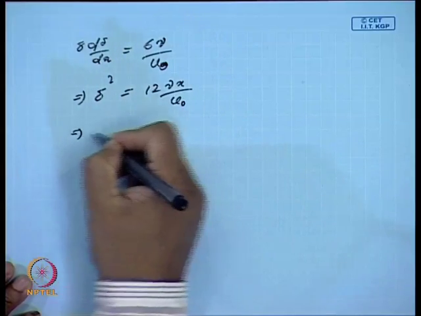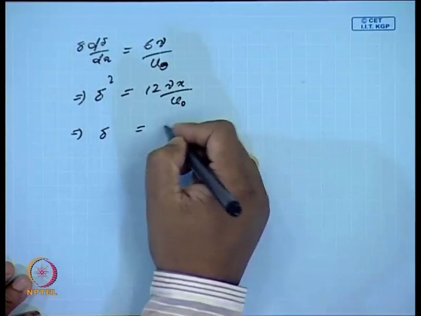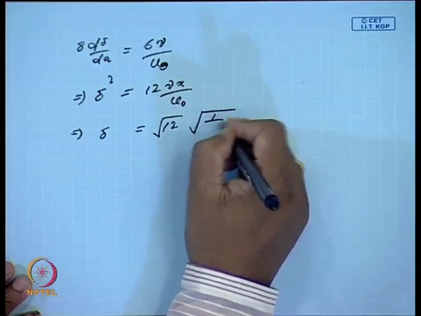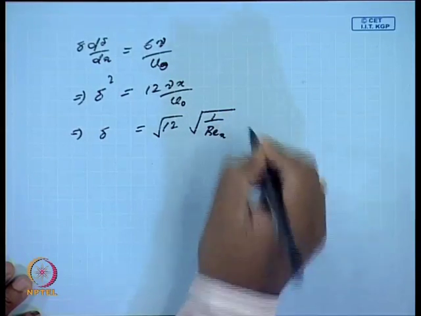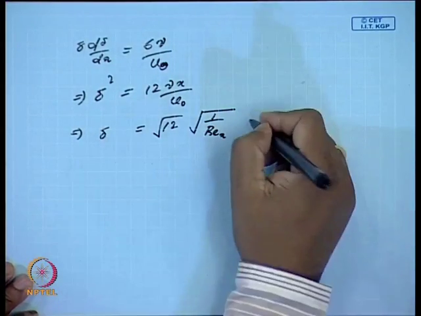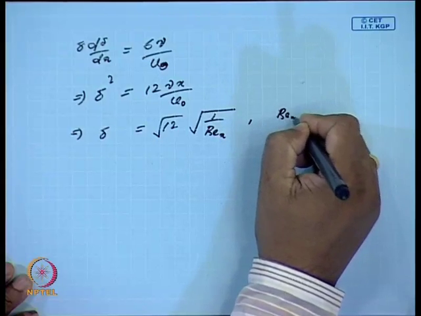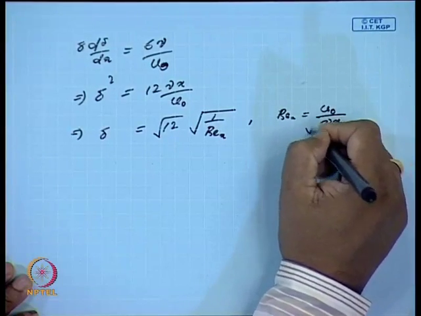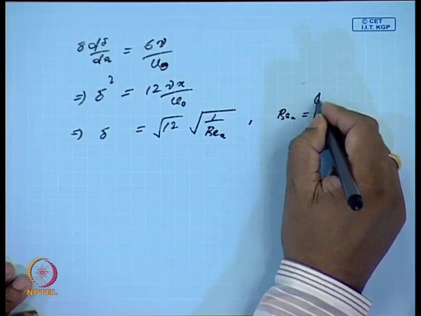That means my delta becomes the square root of 12, into x by root Rex, where Rex is u naught x by nu. Okay.